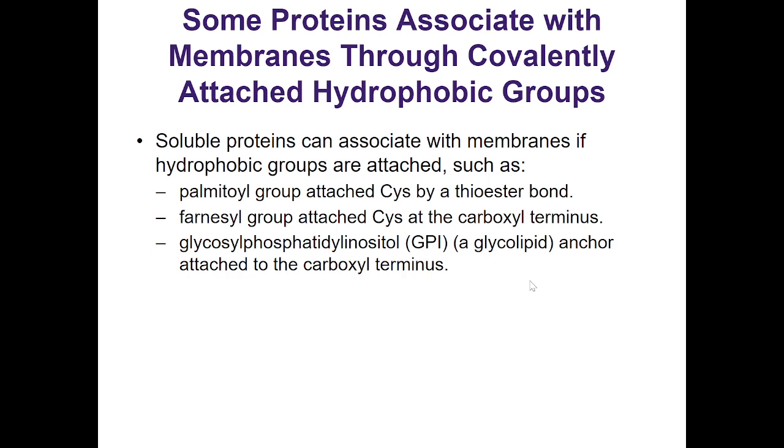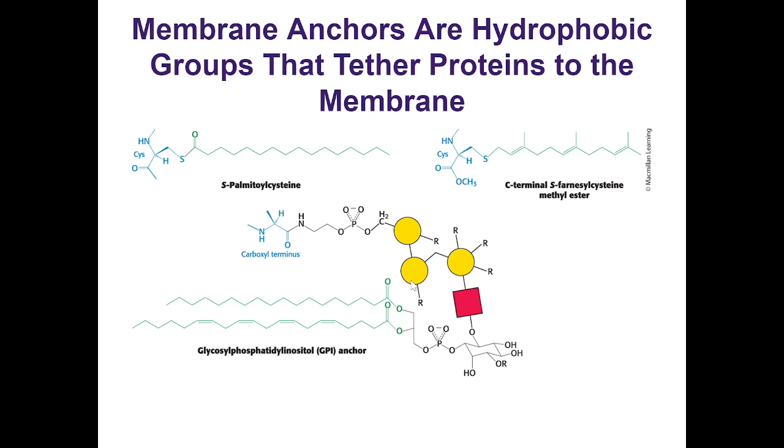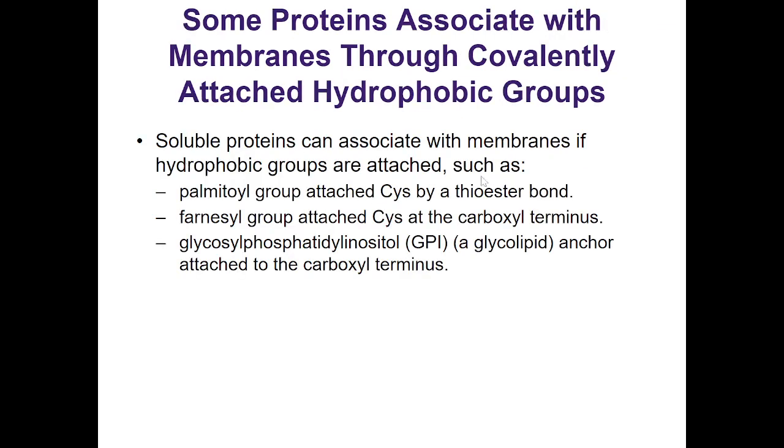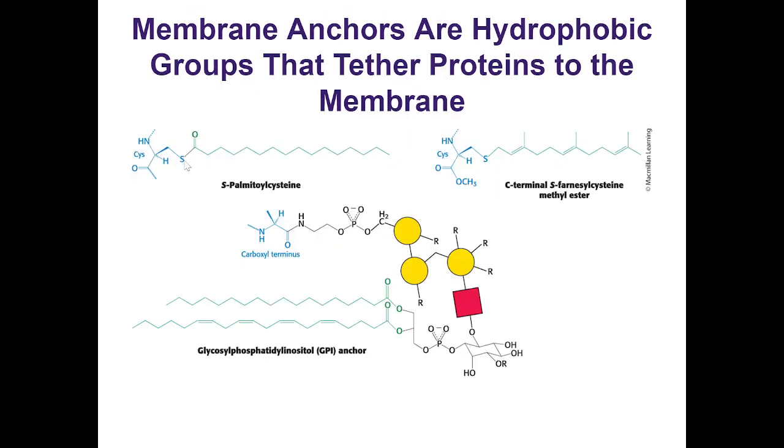This is a glycolipid again. This is the anchor that will be attached to the carboxyl terminus. These are actually what those look like right there. And so here we can see the attachments. Notice again, that's that thioester bond right there.